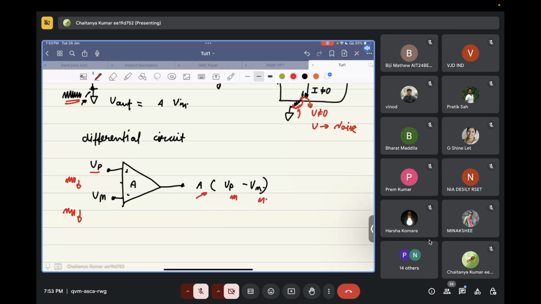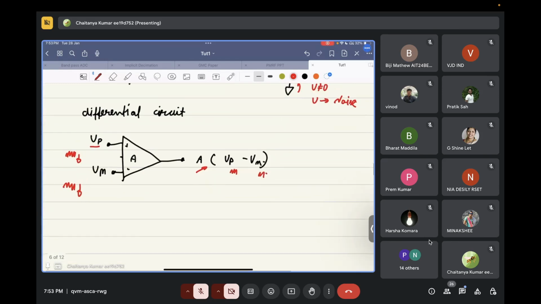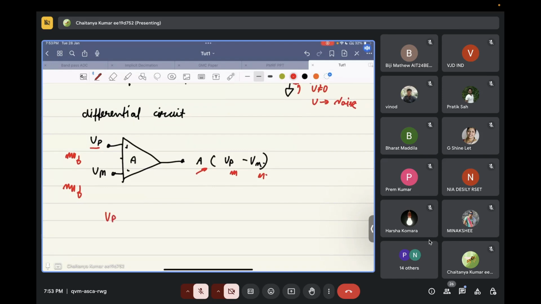So ideally, what should happen is, let's say my VP is some x plus a sine omega t, and my VM is some x plus b sine omega t.